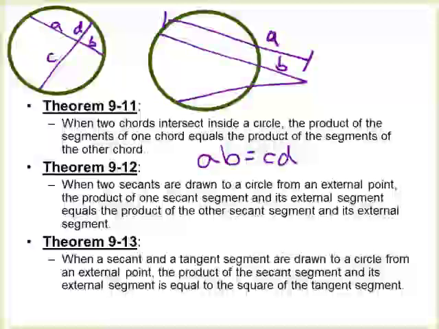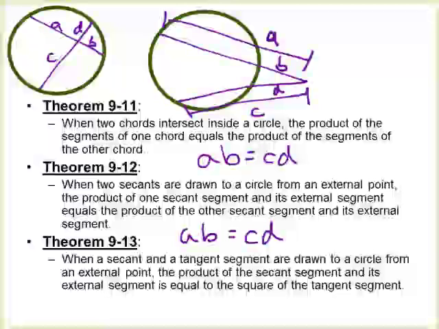Not the inside by itself, but the whole thing and the outside. And then likewise for the other one, the whole thing and the outside. And since it's still a product, that formula would still be the same when we label it this way. That A is the whole length, B is the outside, C is the whole length, and D is the outside.